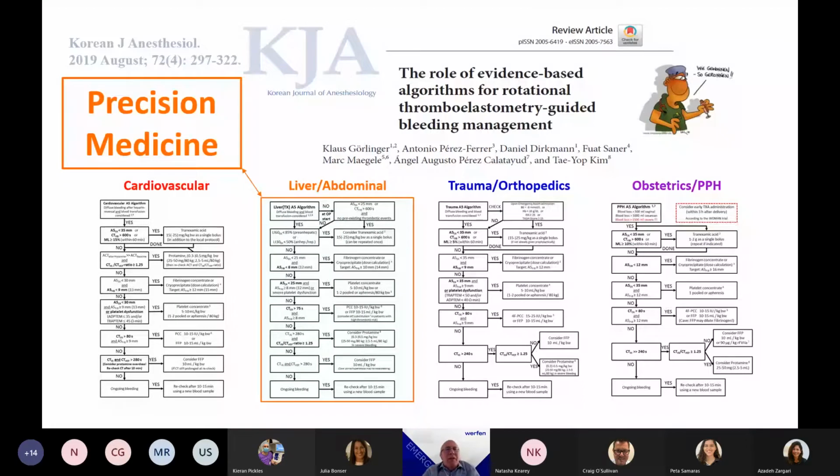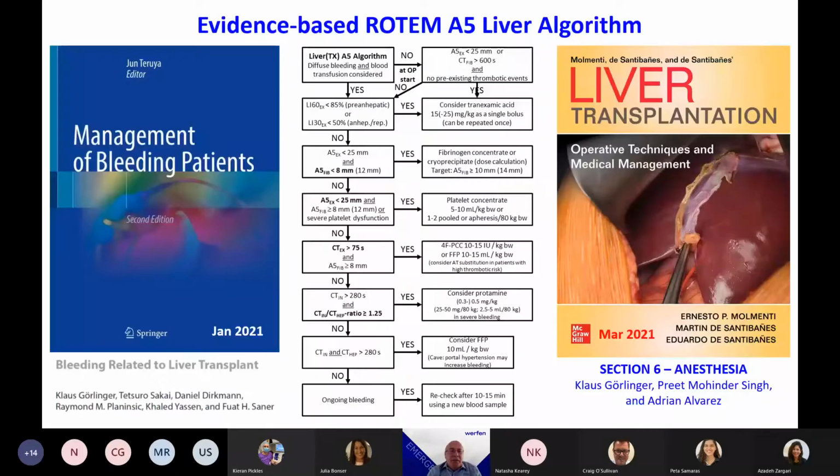And that resulted in the development of protocols, as I showed before, using observational studies, and then using the cutoff values we created in the observational studies in these algorithms in patients with bleeding, and using the negative predictive value.